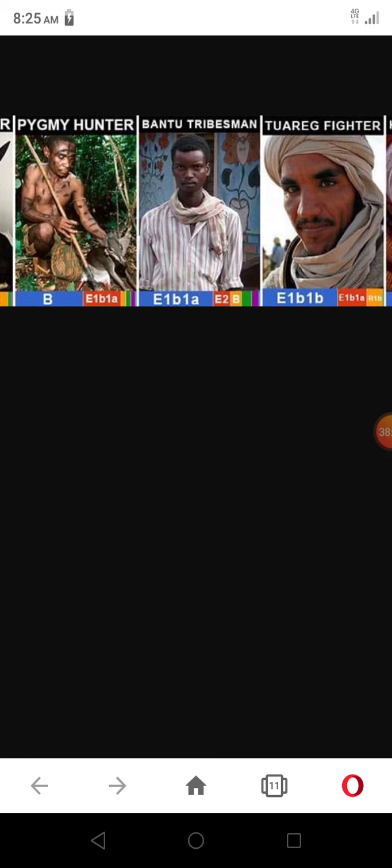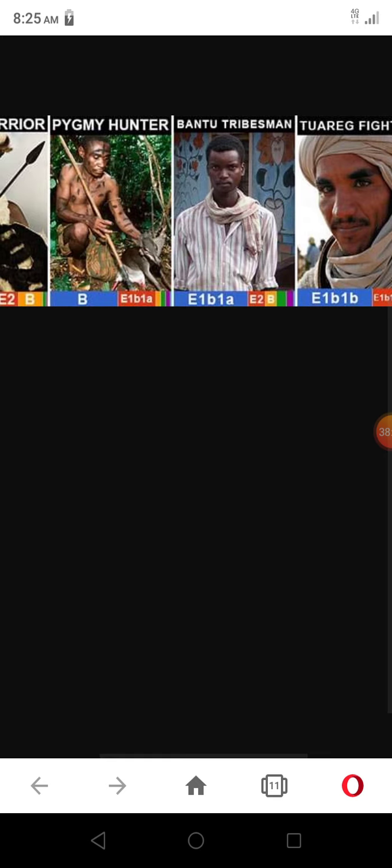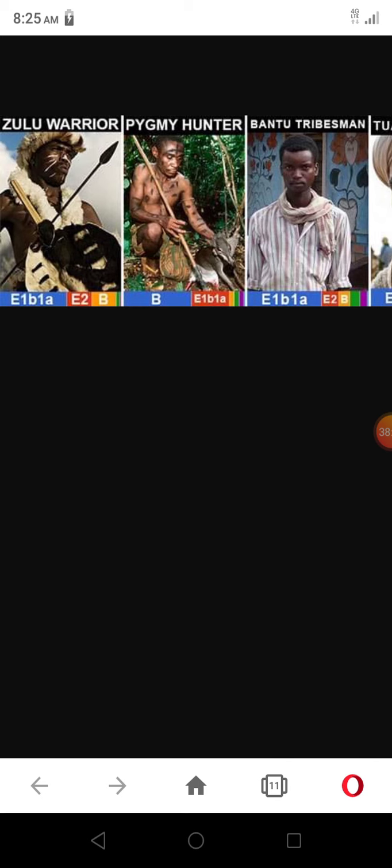So we have these pictures and these charts that a person put together about a people group or ethnic group, and within the ethnic group you have a breakdown of haplogroups, and you have a percentage of a group being a majority of a haplogroup, and then the next percentage is another haplogroup.